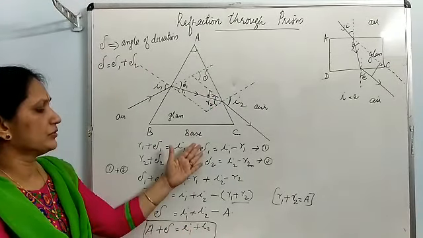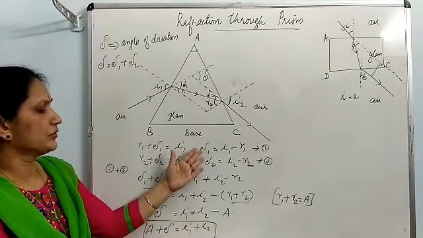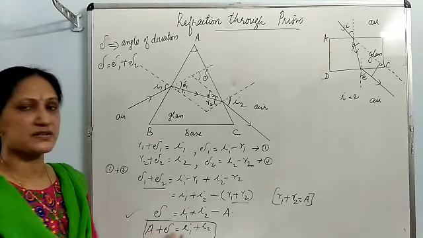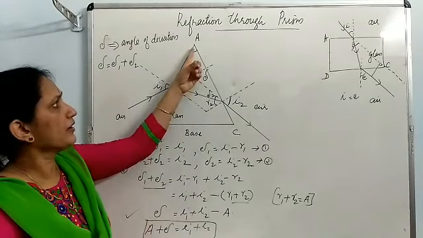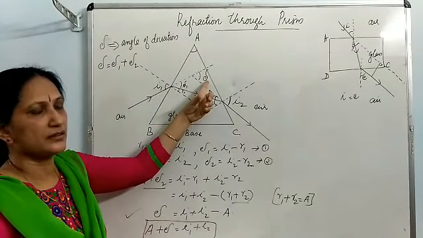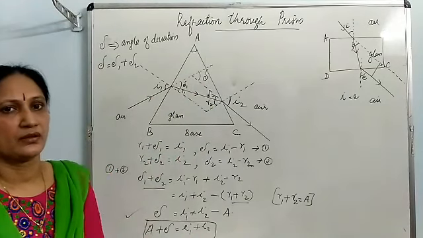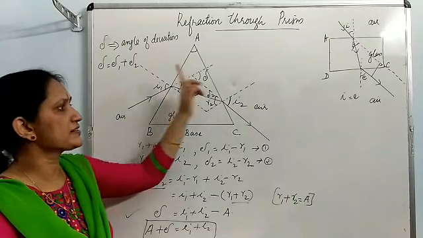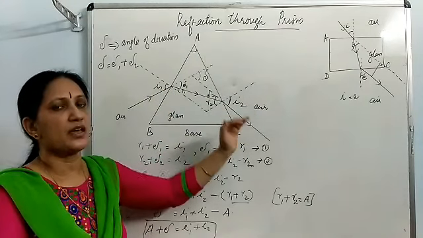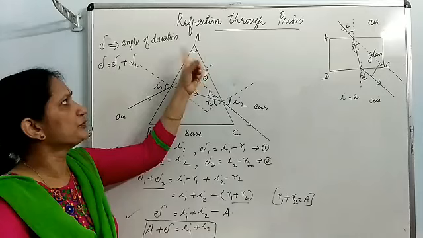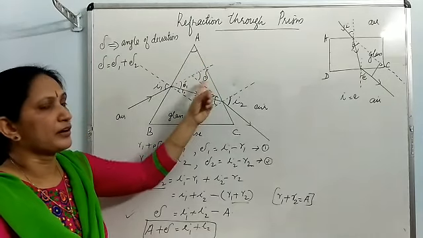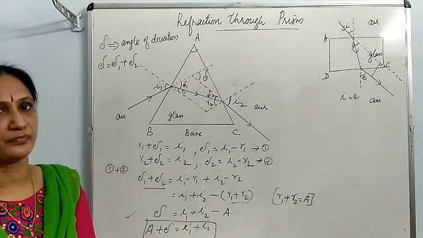If you can study this derivation, it is well and good. Otherwise, at least remember this equation: A plus delta is equal to I1 plus I2. The sum of the angle of incidence and angle of emergence is equal to the sum of the angle of prism and angle of deviation.